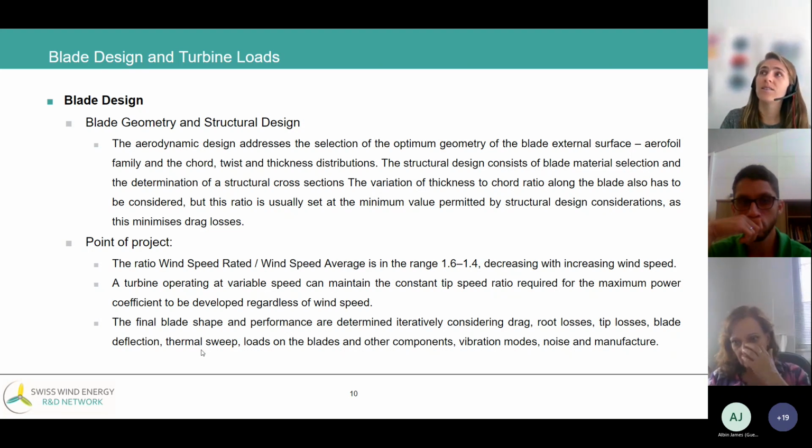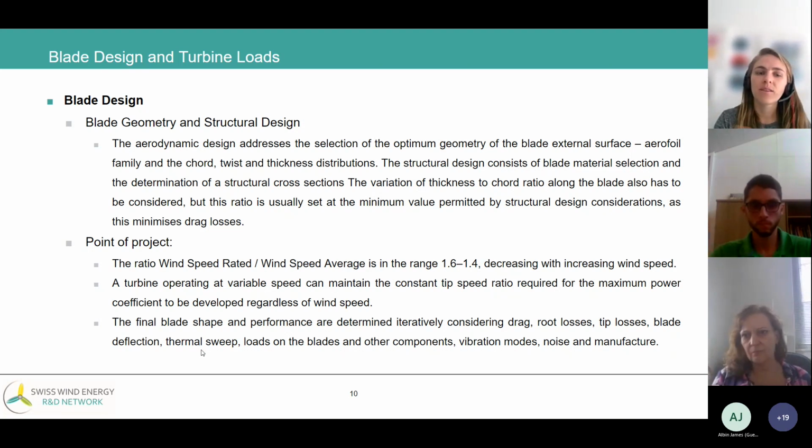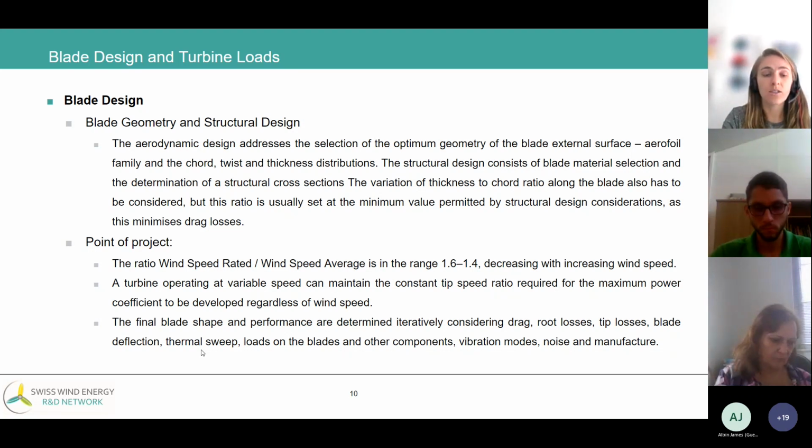You cannot just give the factory the shape; you have to give the shape taking this thermal sweep into consideration. And also, of course, the loads on the blade and other components, vibration modes, noise, and how easily you can manufacture this blade. So, did I answer your question?